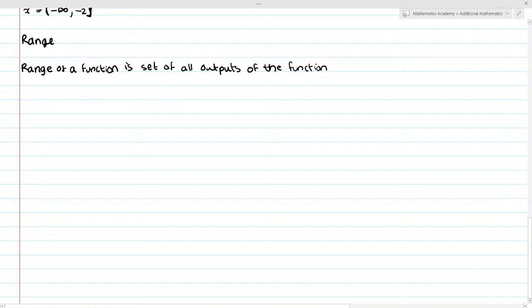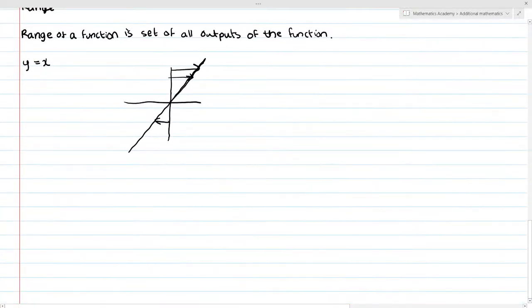So again, if we go back to the function y equals x, well, clearly I get every value of y, right? Even if you graph the function, this is what the graph looks like. Every value of y on the y-axis here is matched by some value of y on the curve.